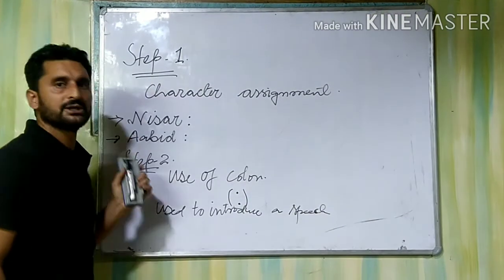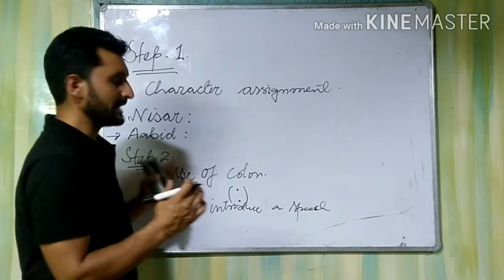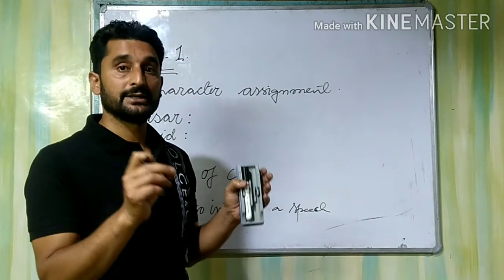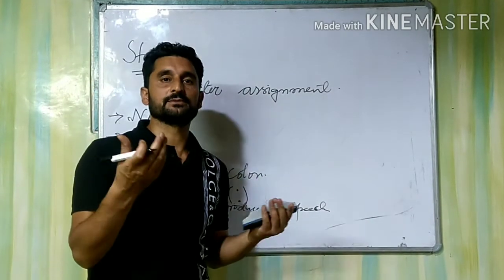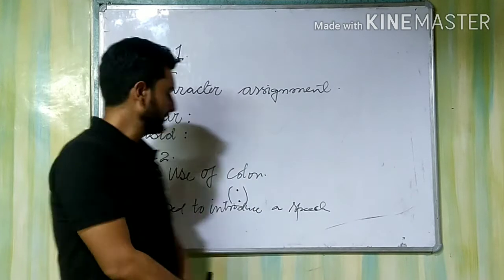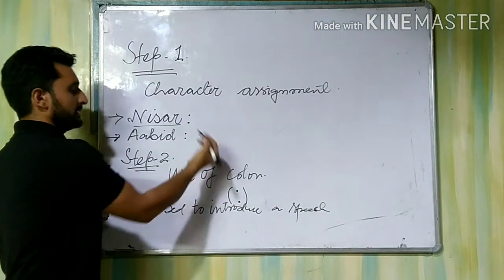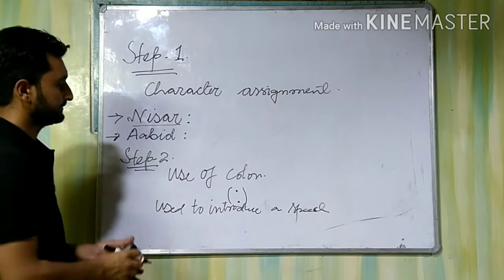You need not enclose the actual speech in inverted commas like we do in direct narration. But after a character, you have to put this colon. Done?